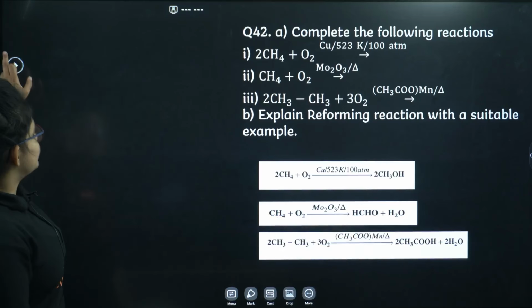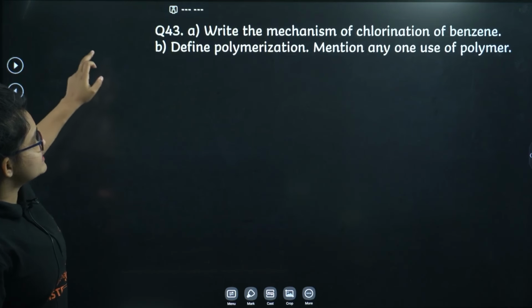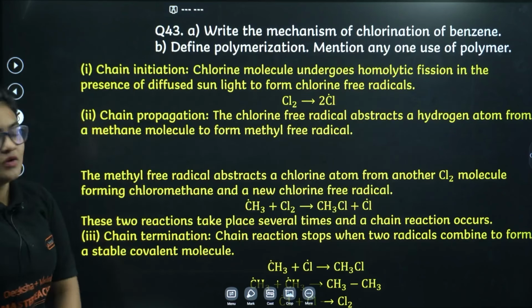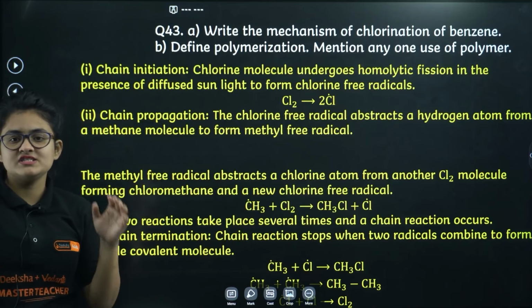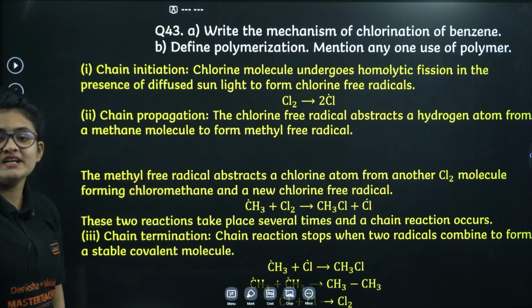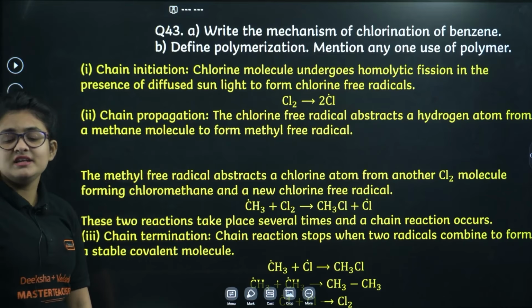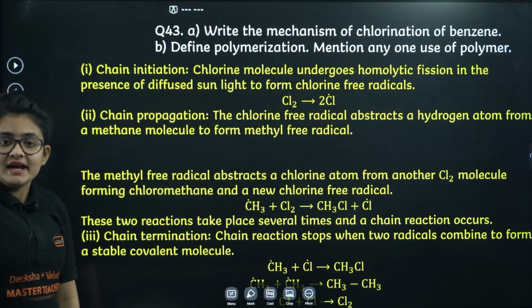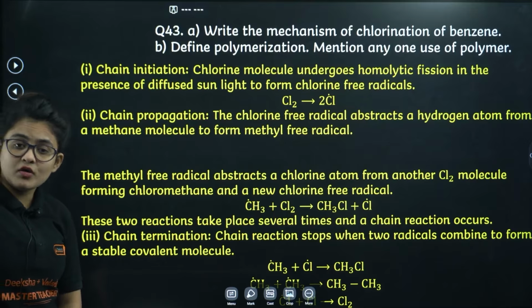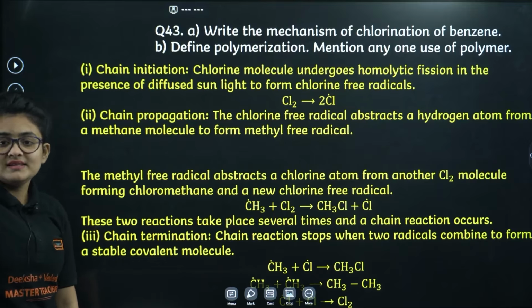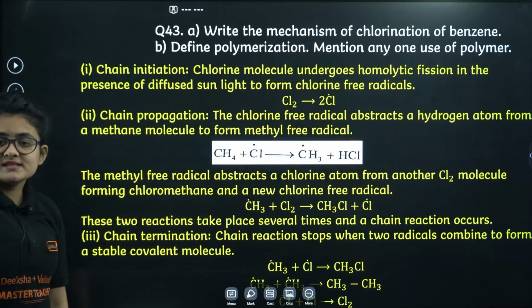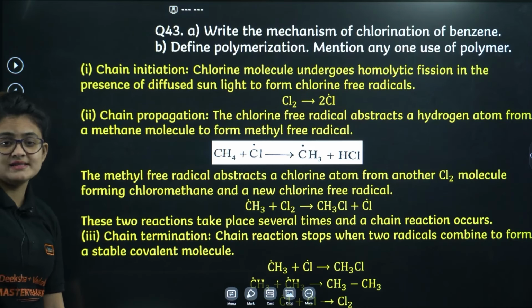Let's proceed. Write the mechanism of chlorination of benzene, and define polymerization. Chlorination has 3 steps: chain initiation, chain propagation, and chain termination. In the initiation step, chlorine breaks down into free radicals. In chain propagation, the chlorine free radical comes to the CH4 group and breaks methane down into a methyl radical, CH3.